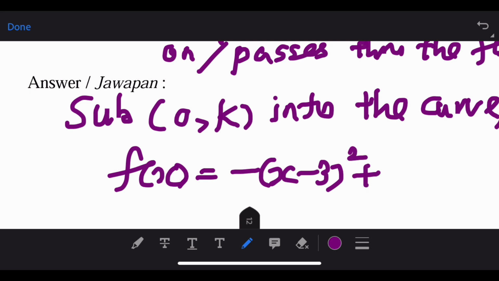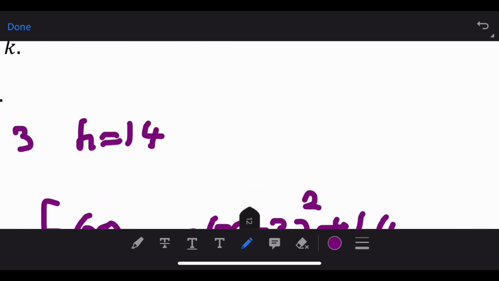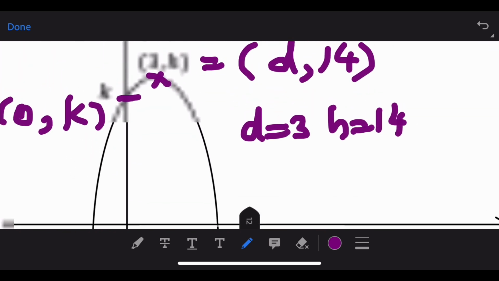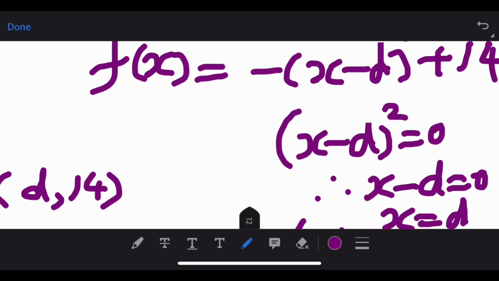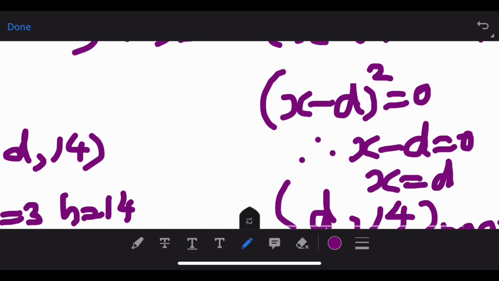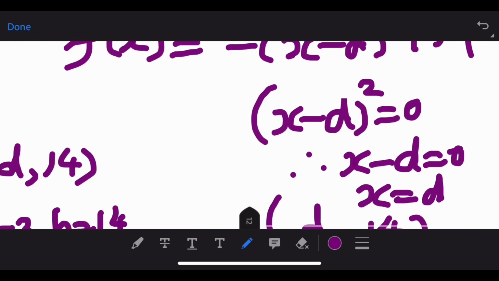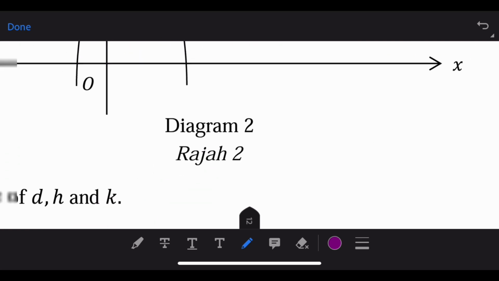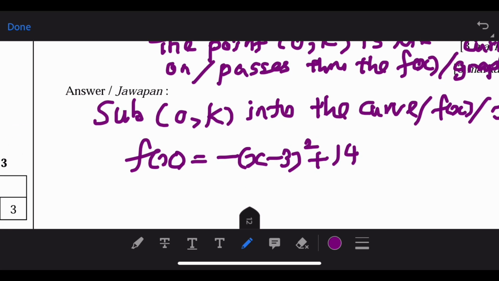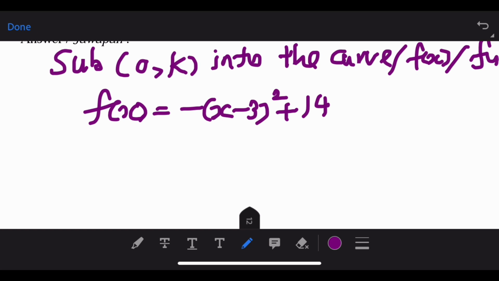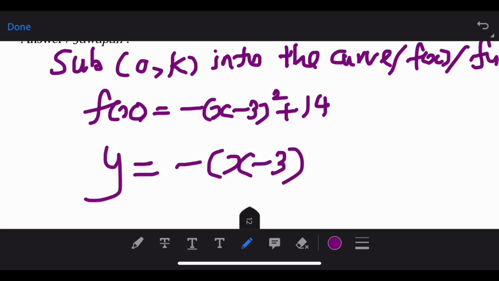Just now we got d equal to 3, use it back, and for h we also have the value 14. So you use back all the constants, all the numbers that you just solved, and then you write down the equation in terms of the function. Then only you substitute the point into the function.